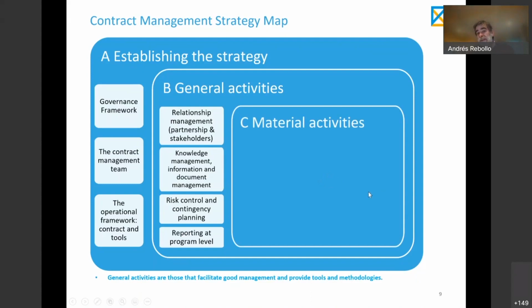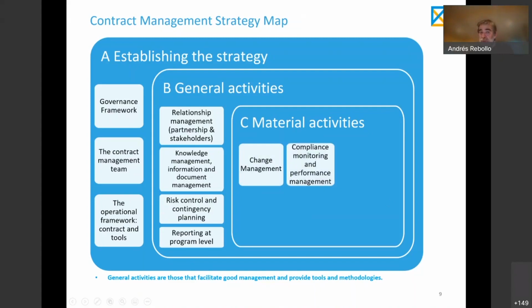And then we have the material activities, the core, probably the more direct thing and more interesting, probably, not so theoretical. And in our approach, we have divided this into a number of modules: change management, compliance monitoring and performance management, managing performance, which is obviously the fundamental thing, but it's not the only thing.